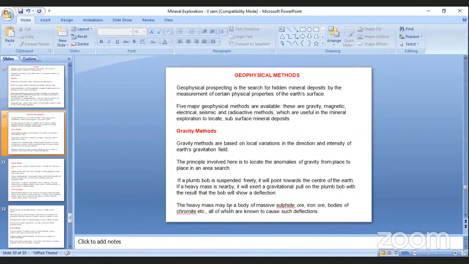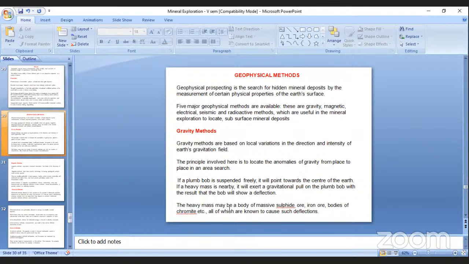If a heavy body is nearby, it will move to that side, because the gravitational force is working on the plumb bob, so that it is showing the result.